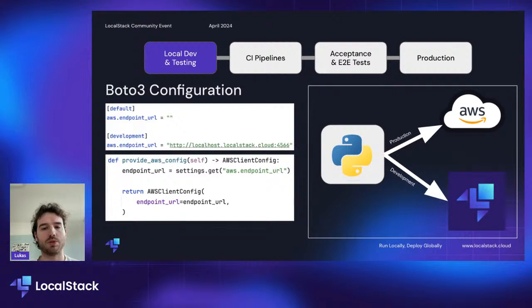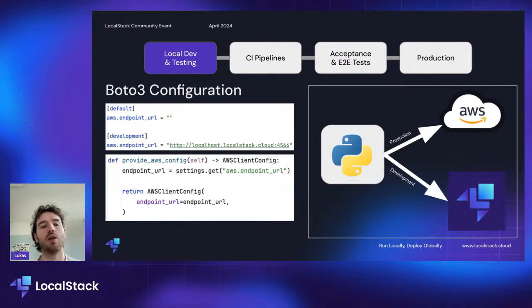So baby steps. Boto3 configuration. What is it? Why do we need it? Well, at the heart of our backend, we have a Python Flask application, which in production should talk to the real AWS cloud, and during development, talk to LocalStack. We achieve that by using a configuration management tool called Dynaconf, which allows us to specify various settings.